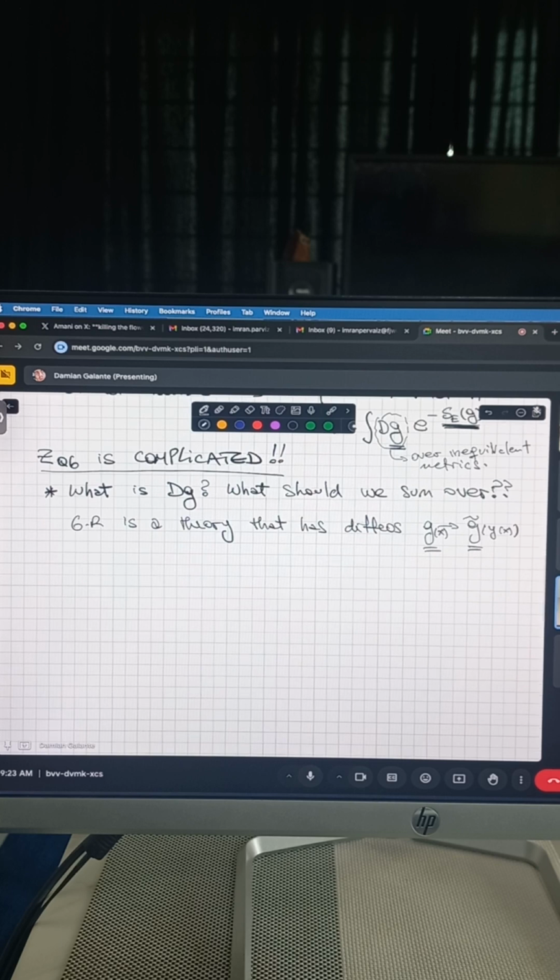It's very similar to what happens to Maxwell theory or to any gauge theory in general. When you have some gauge redundancy, if you want to do a path integral, you need to be very careful because you don't want to count twice the same solution. Okay? So that's one problem this has.